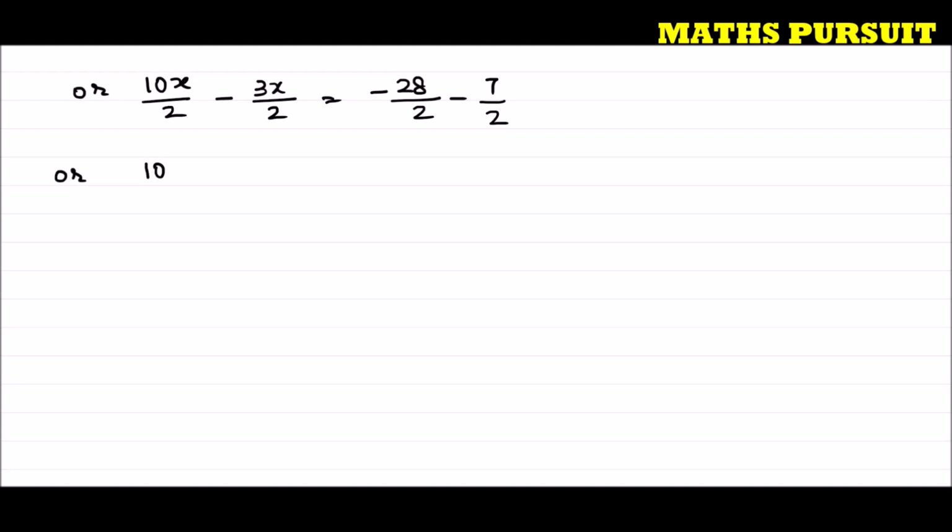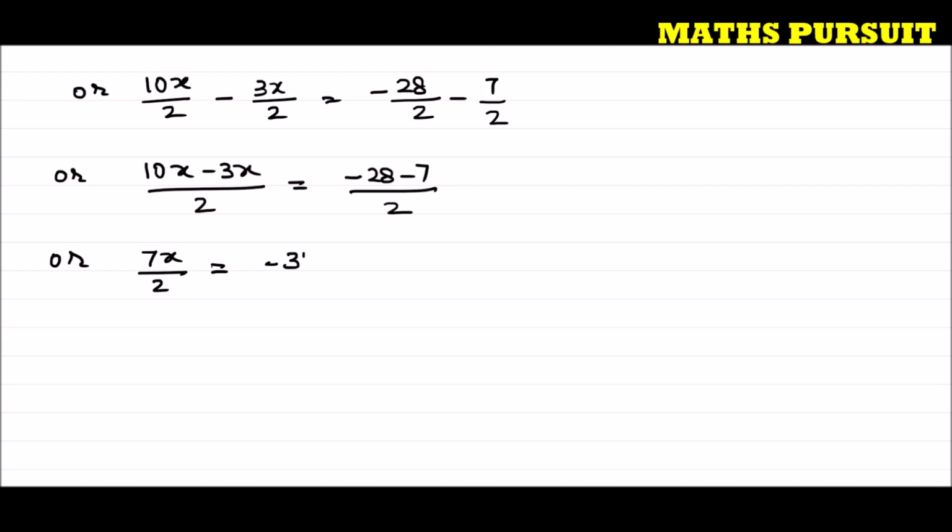Or I can write 10x minus 3x divided by 2, taking LCM as 2. Similarly here, minus 28 minus 7 divided by 2, taking the LCM as 2. Or I can write 10x minus 3x is 7x divided by 2. 10 minus 3 is 7, so we got 7x divided by 2 is equal to minus 28 minus 7 is equal to minus 35 divided by 2.